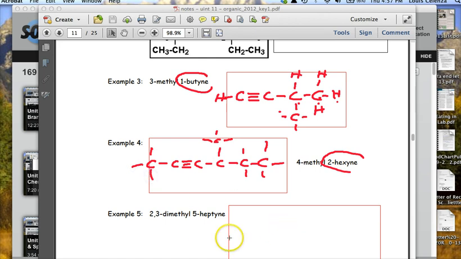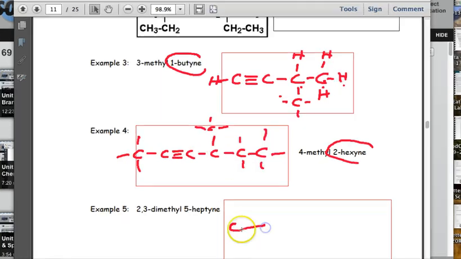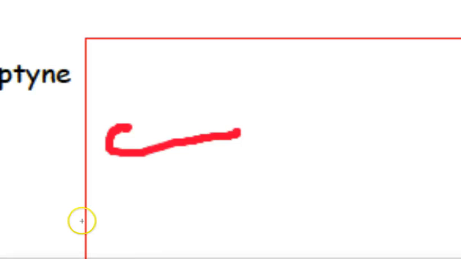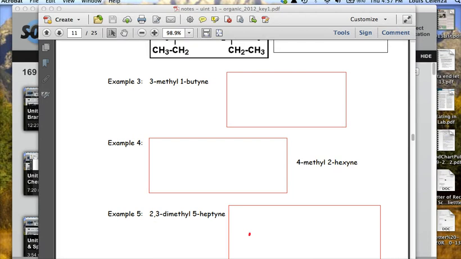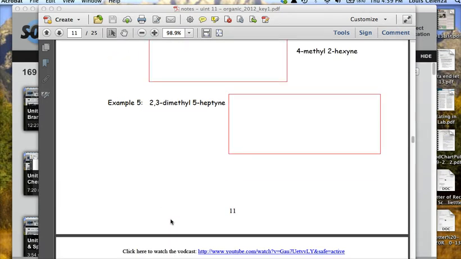You have heptyne. That's 7 carbons. Okay, so let's move this up a little bit and over. So we have 5-heptyne. Hept is 7.